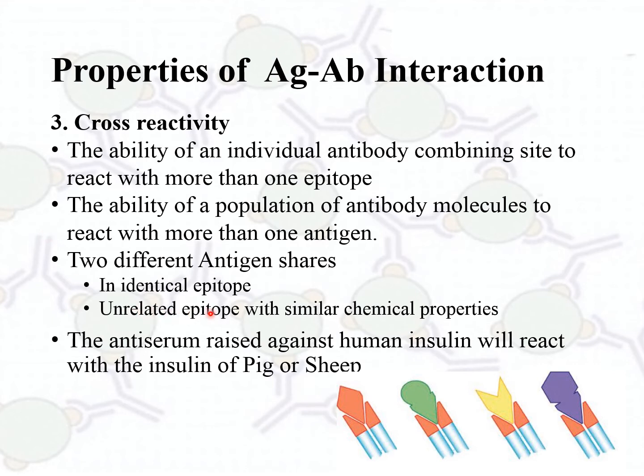But in this case, the affinity for the cross-reacting epitope is lesser than that of the original epitope. An example of cross-reactivity is that the antisera or the antibodies generated against human insulin can react with the insulin of a pig or sheep.